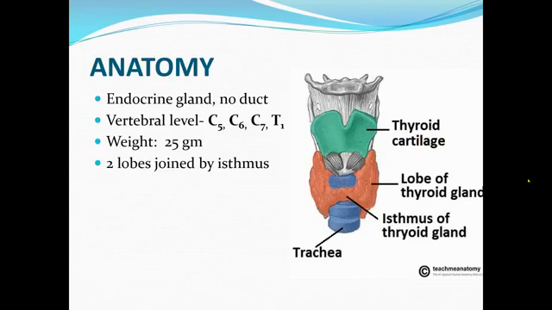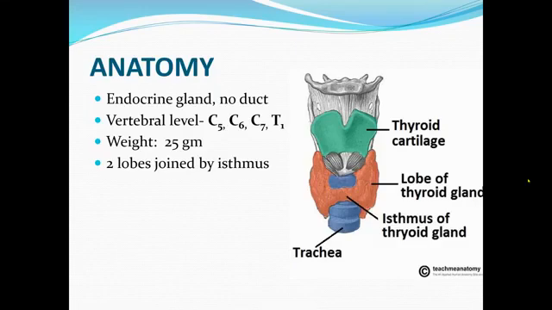You can see in the picture, the right and left lobes, H-shaped, are connected by the isthmus of the thyroid gland.